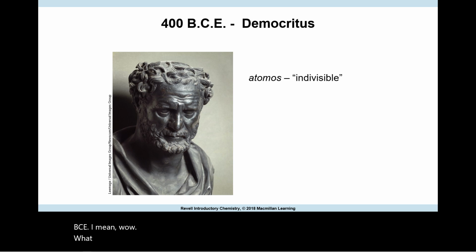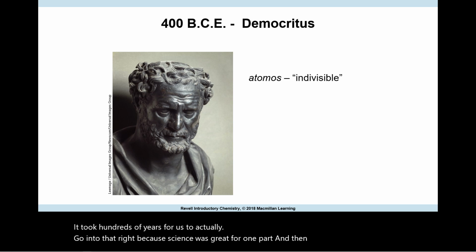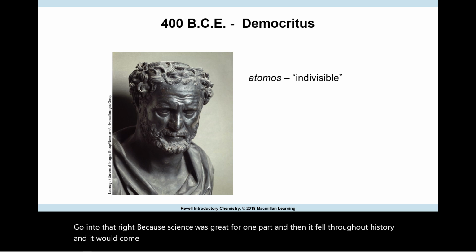What did we do with that knowledge? Absolutely nothing. It took hundreds of years for us to actually go into that, because science was great for one part and then it fell throughout history, and it would come back up and then come back down depending on who ruled.